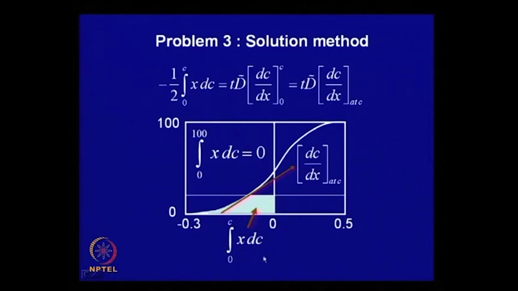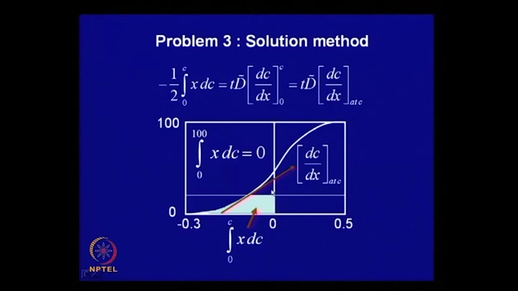That means you try and find out this area. Here, x is positive on this side and negative on this side. When you calculate this area, this portion will come out negative and this area will come out positive. Add the two, and it will be 0. So, this integral equal to 0 describes this line.